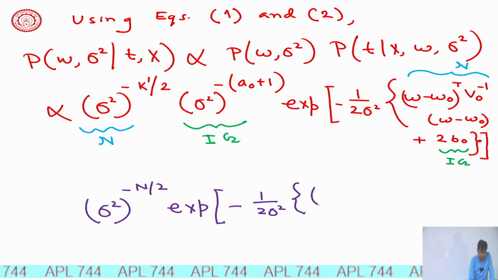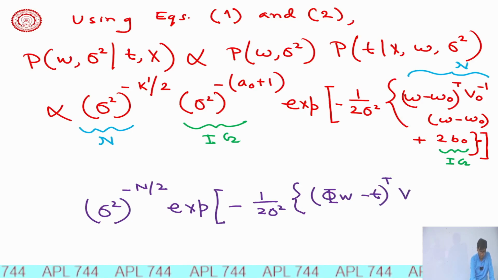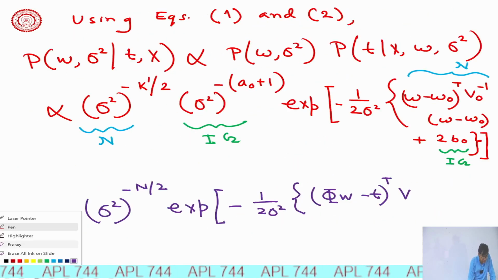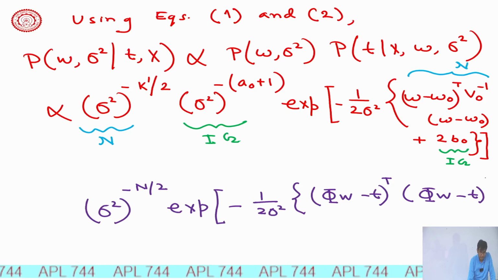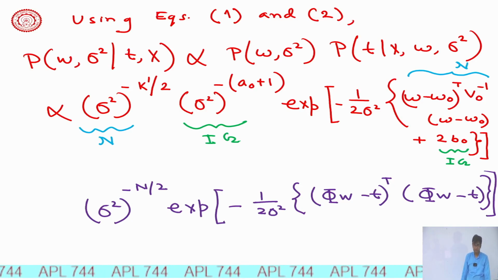Phi w minus t transpose, I think that is all, yeah, v is not there, sorry. Phi w minus t.